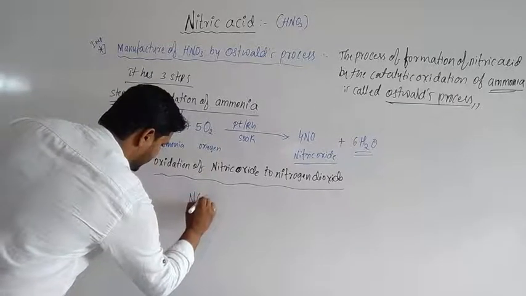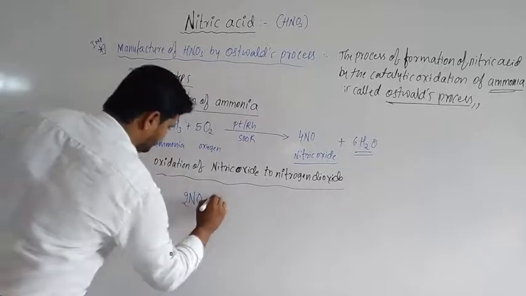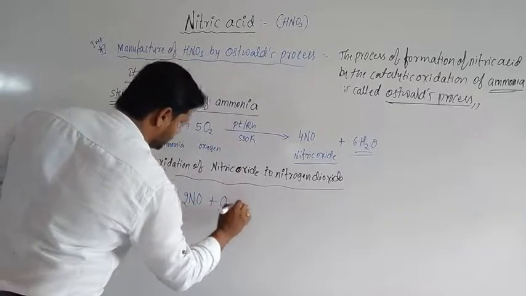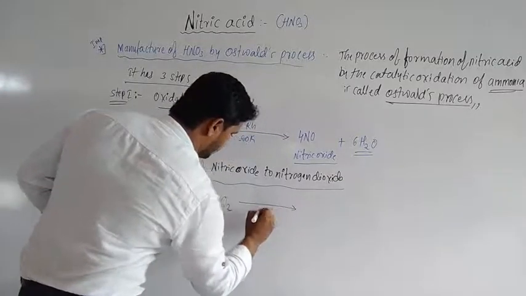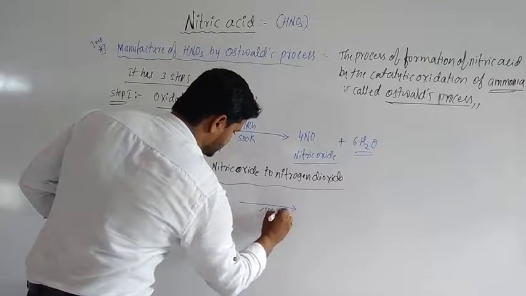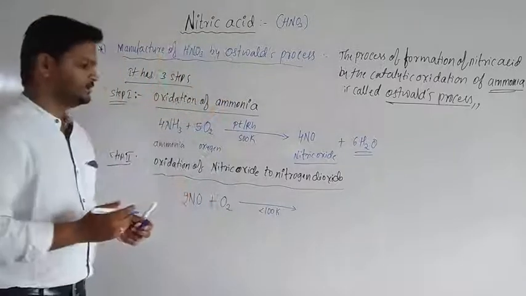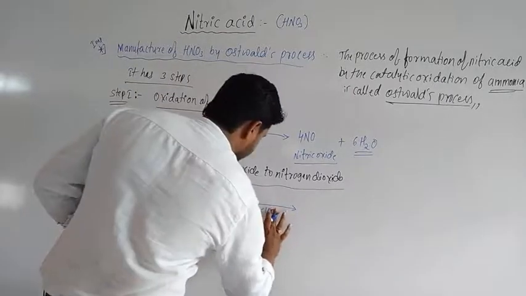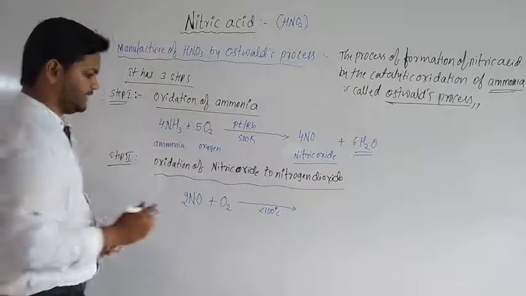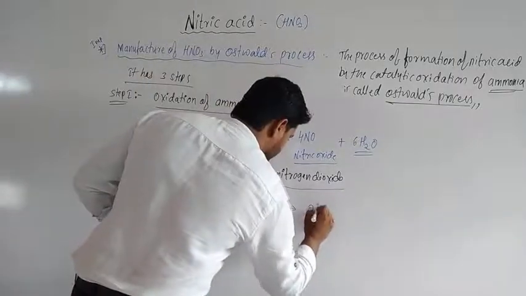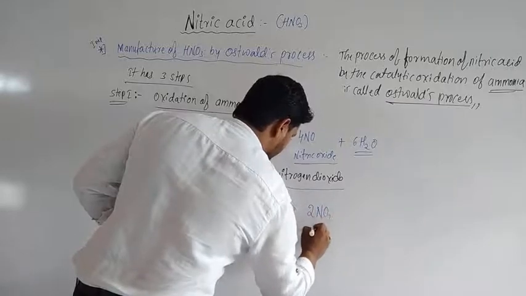2NO, nitric oxide, plus oxidation means in the presence of air, O2, below 100 Kelvin temperature, or you can say below 100 degrees Celsius temperature. Below 100 degrees Celsius temperature, you will get nitrogen dioxide, that is 2NO2.